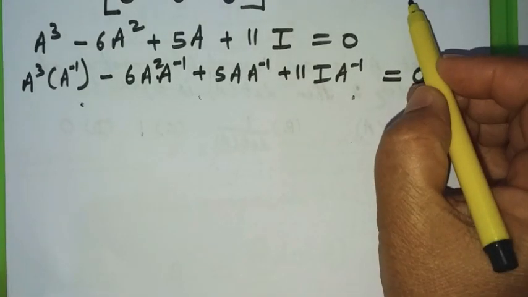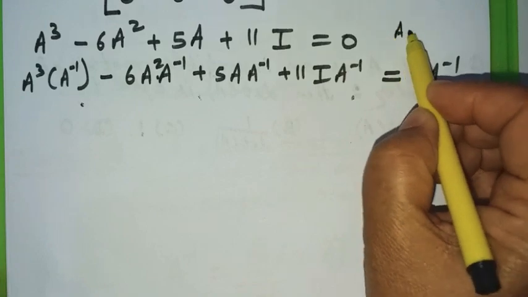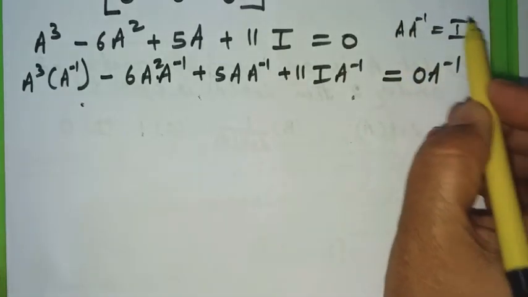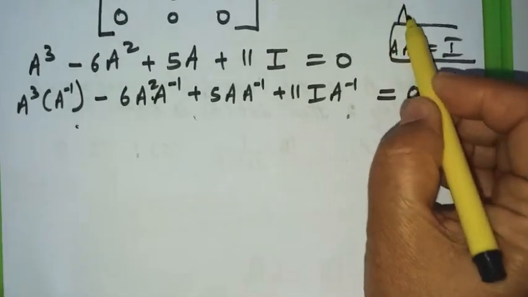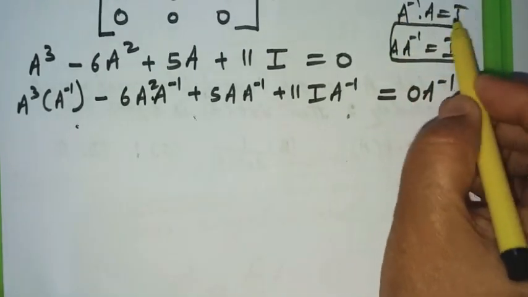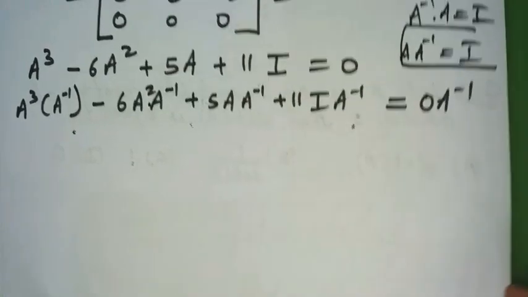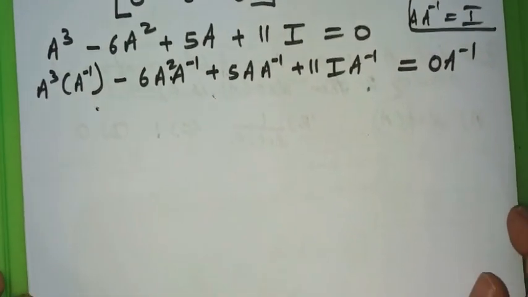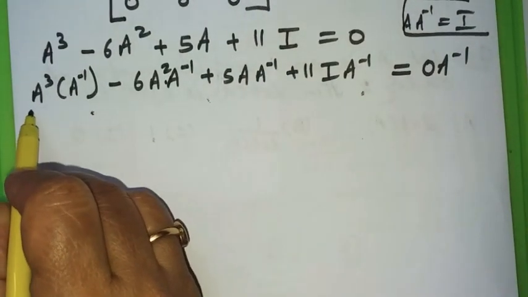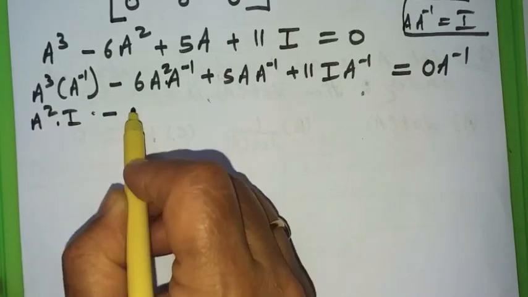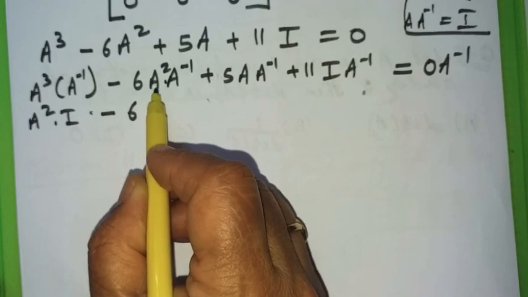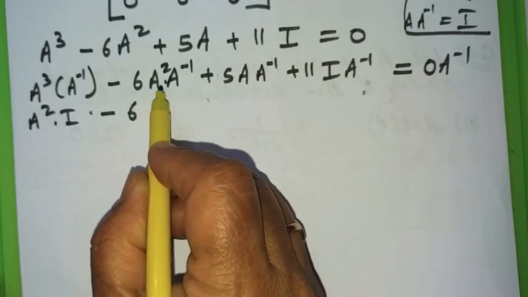So you have to take care of this fact, and now you can see that we have to use the fact that A into A inverse is equal to I. We also know that A inverse into A is also I. So we shall make use of these two equations here. So A cube means A square into A into A inverse. A into A inverse becomes I. A square means A into A, so A into A into A inverse.